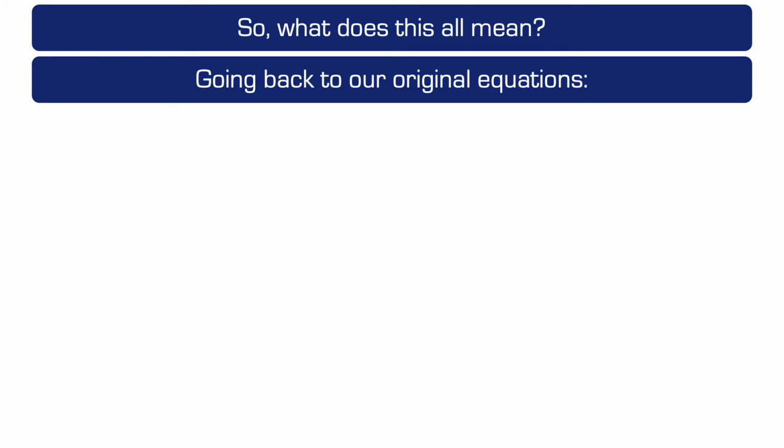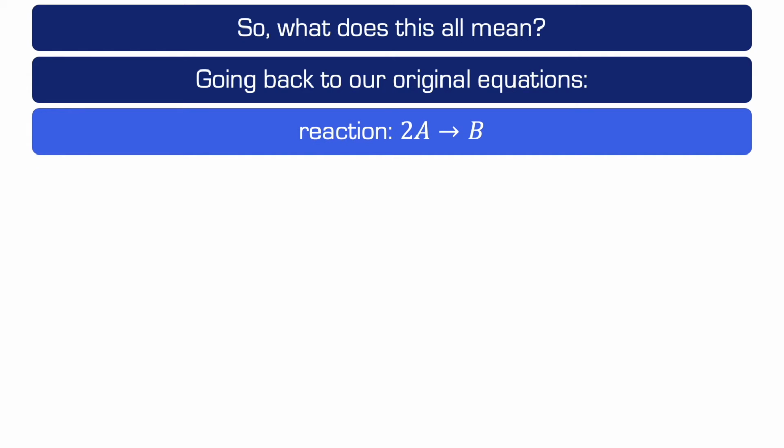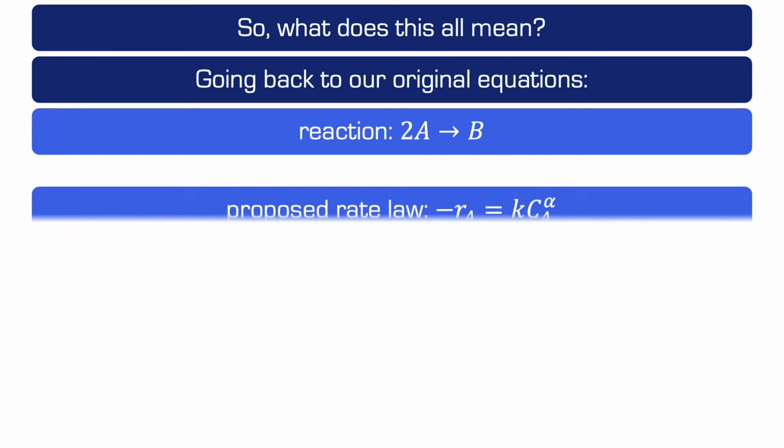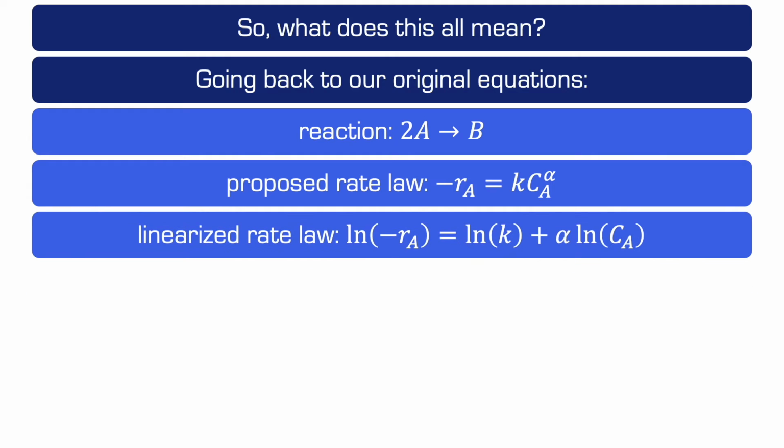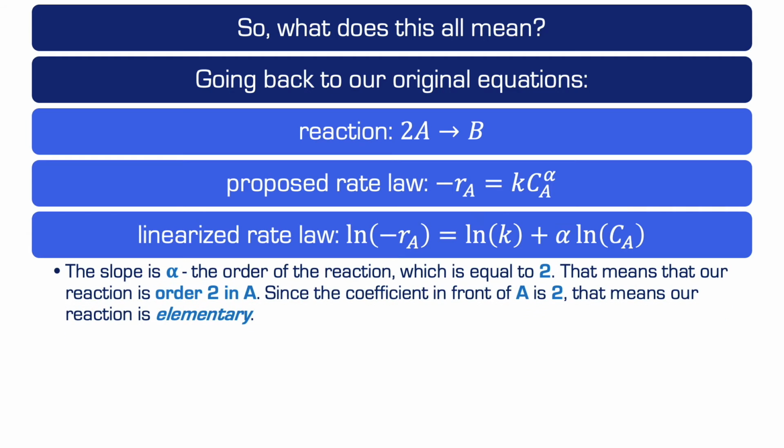So what does all of this mean? Going back to our original equations, if 2A reacts to form B, and our proposed rate law is negative RA equals k CA to the alpha power, our linearized rate law becomes the natural log of negative RA is equal to the natural log of k plus alpha multiplied by the natural log of CA.